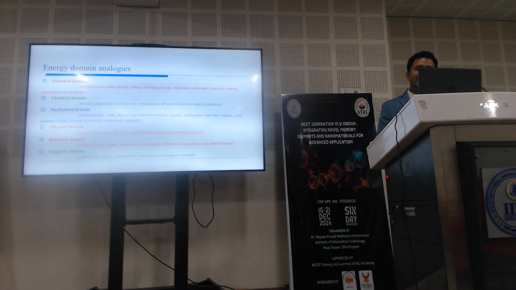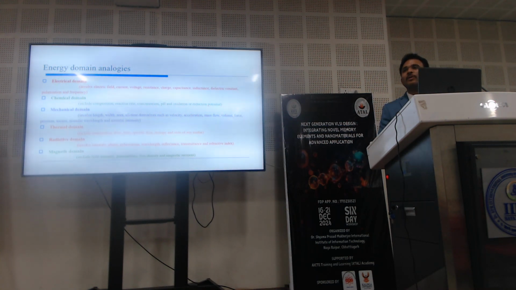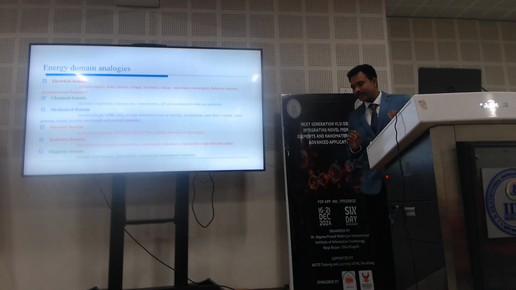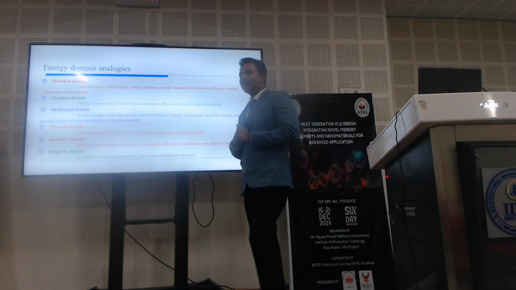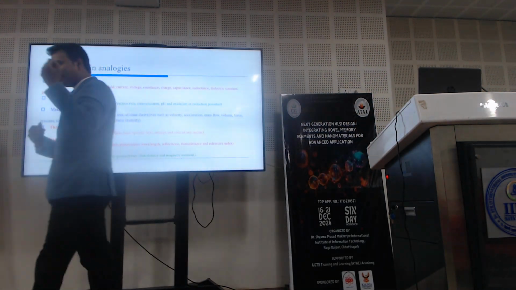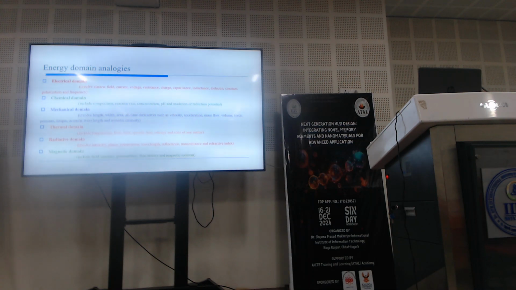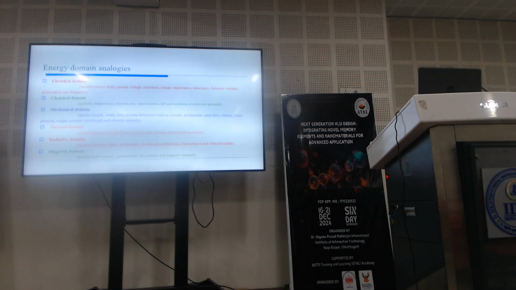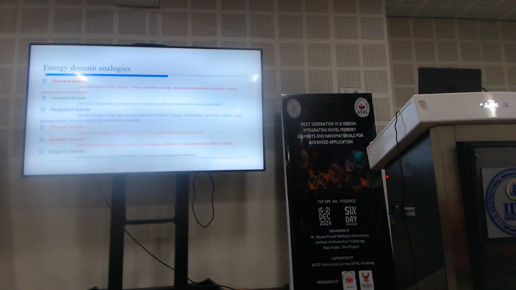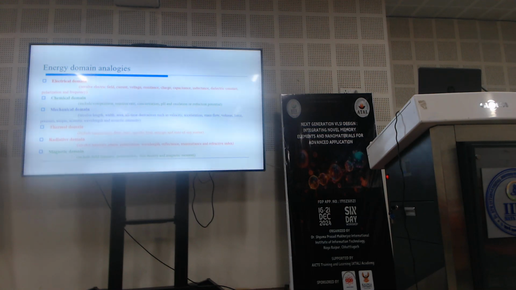Coming to energy domain analogies, this is one of the important things we have to discuss, because if we want to become a very good researcher, we have to know where to start, especially in MEMS or NEMS, and which domain to choose. As I said initially, MEMS converts any other functionality into whatever we want.